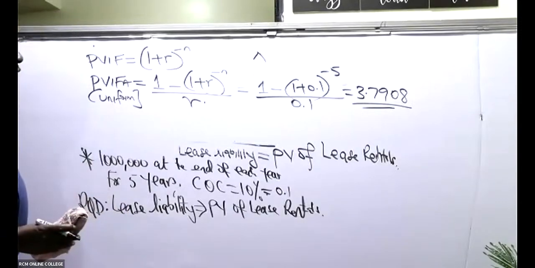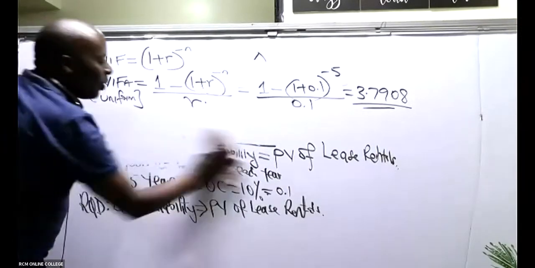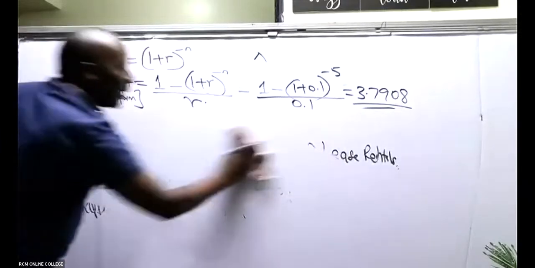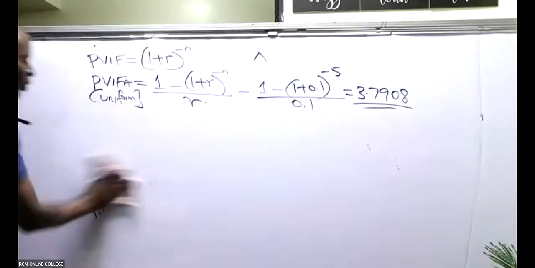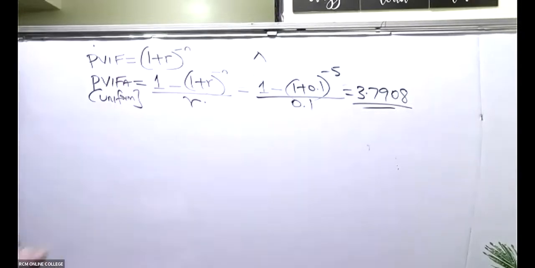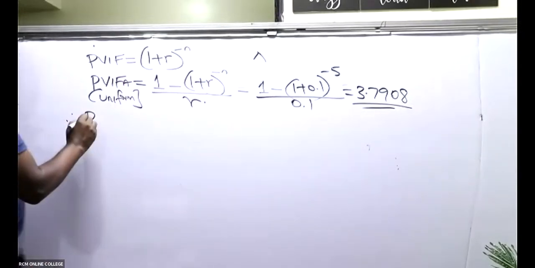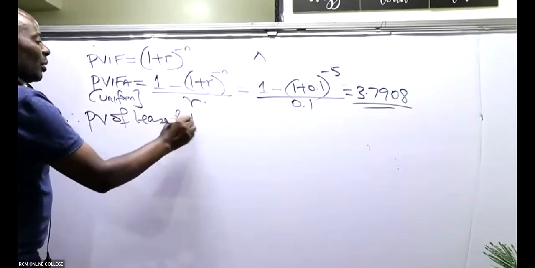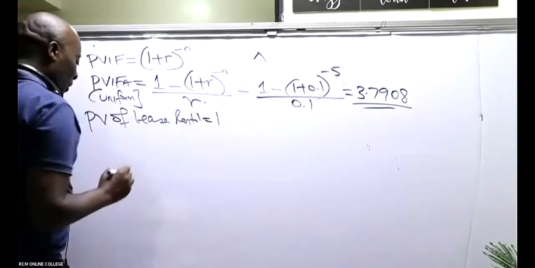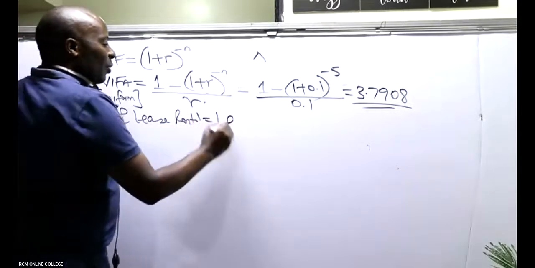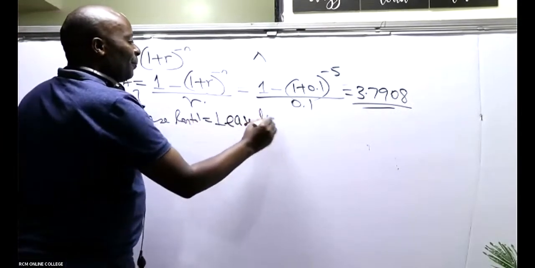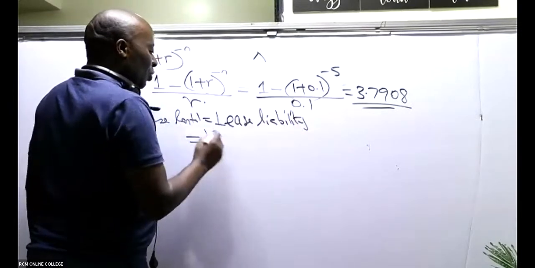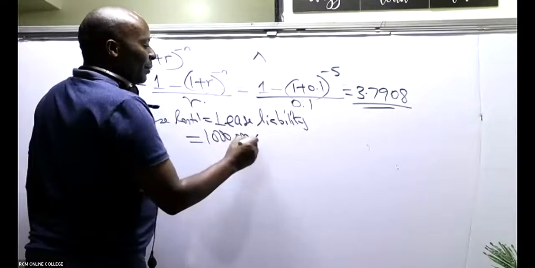And therefore, the present value of our lease rentals, which will be, in this case, our lease liability, will be equal to the annuity of $1 million times PV.